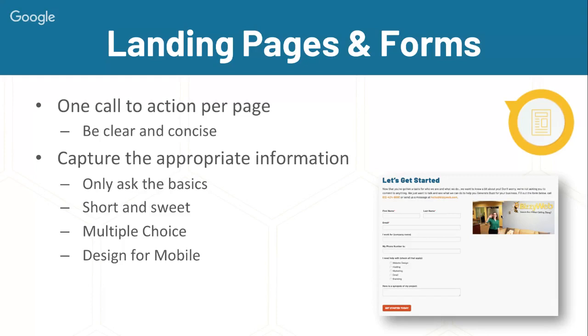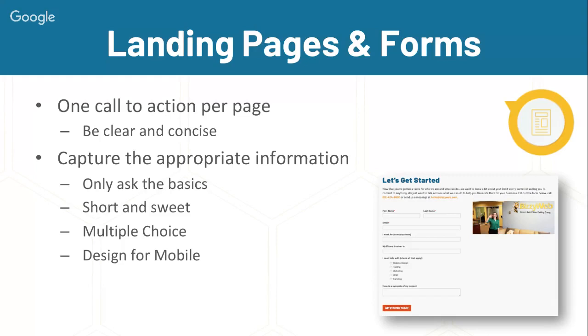You want to capture the appropriate information on those forms. So again, only ask for the very basics. Keep it short and sweet. Multiple choice is much, much better than fill in the blank forms. And think about mobile devices. One of the big problems with fill in the blank forms is that it's hard to type on a phone.